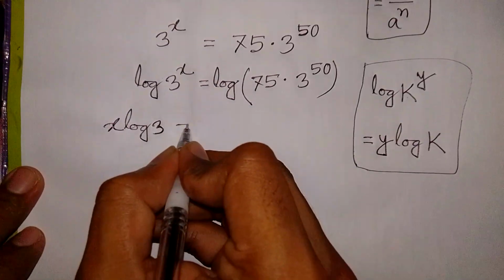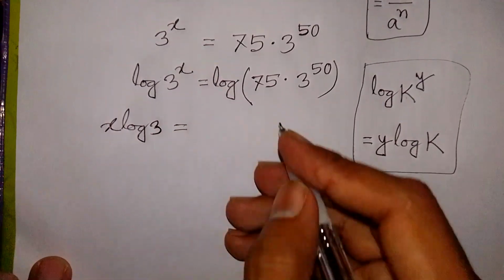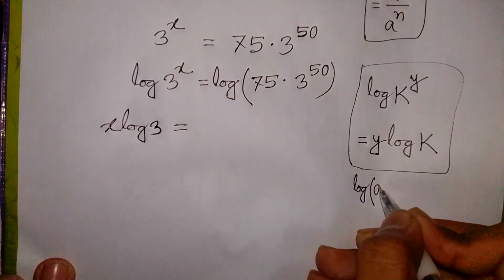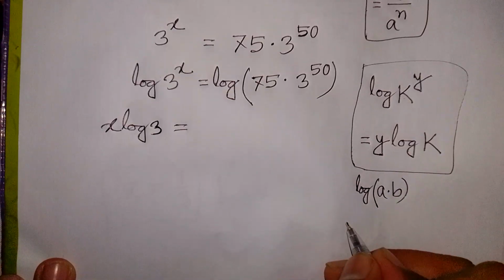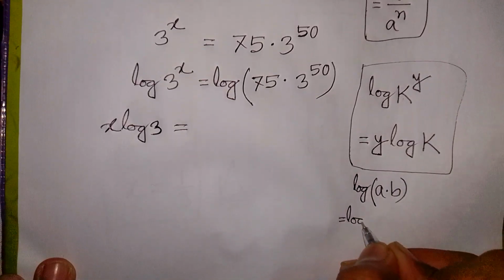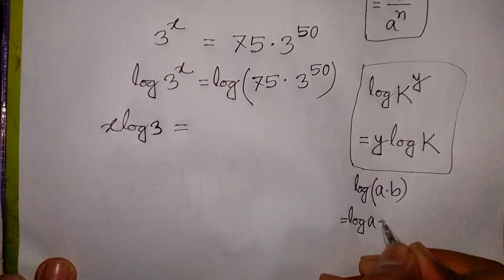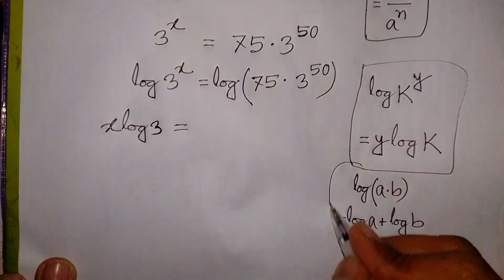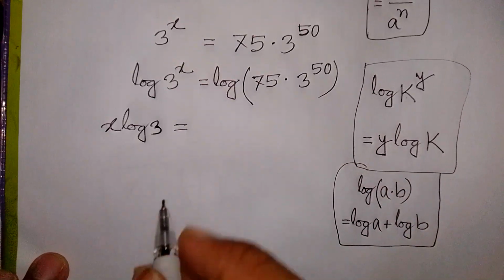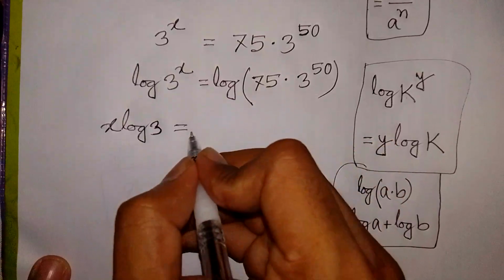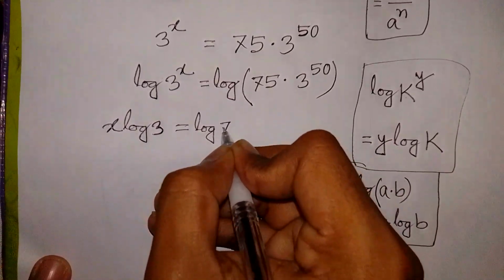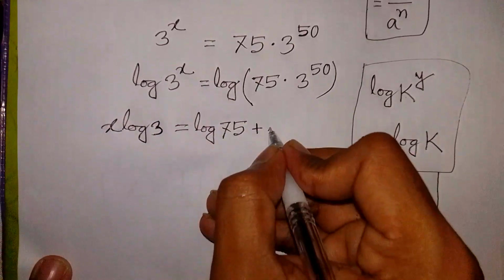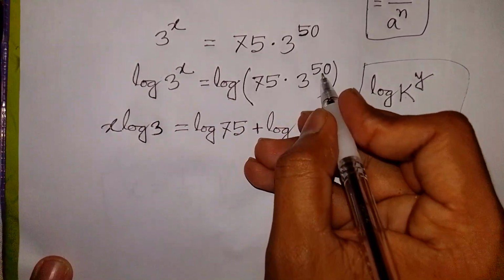Then here is equal to, here you can apply this formula: log of a times b is equal to log a plus log b. So it will be log 75 plus log 3 power 50.